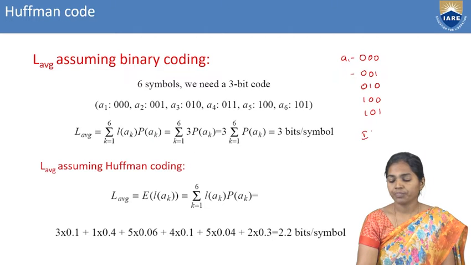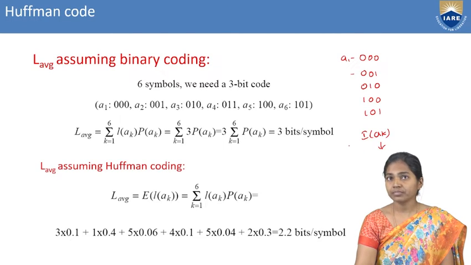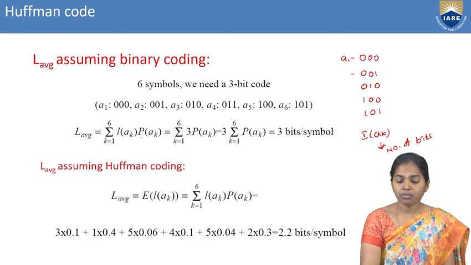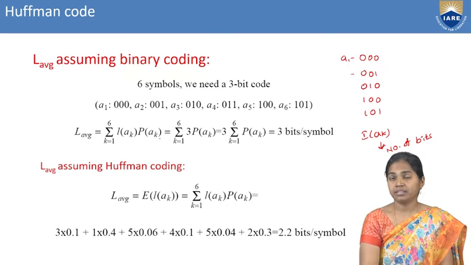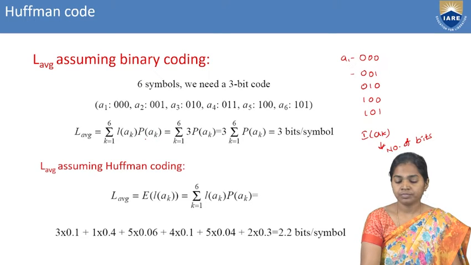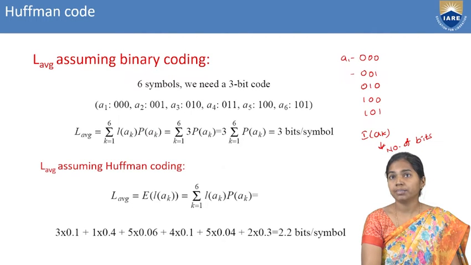Here I of AK is the length of the code word, that is, the number of bits we are using. And P of AK is the probability of that particular value.